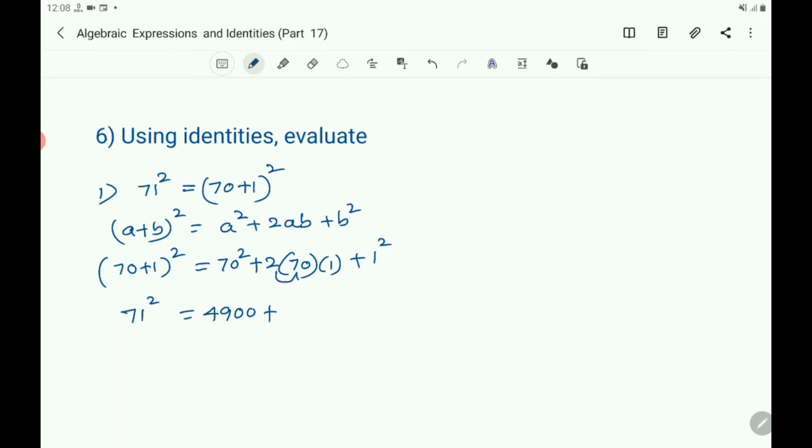Next, 2 into 70 into 1: 2 sevens are 14, so it is 140. Plus 1 square is 1. Then you write 4900 plus 140 plus 1, and you will get 5041.